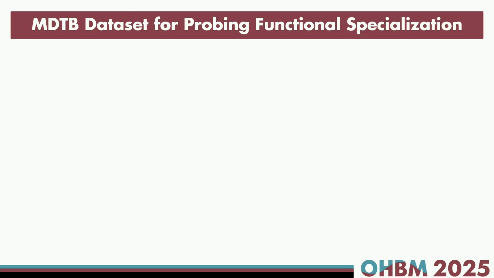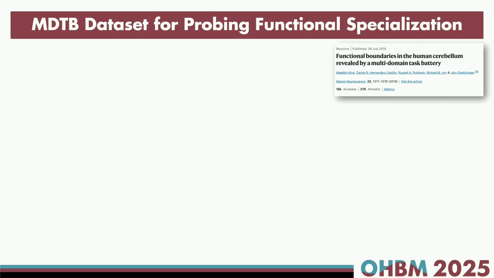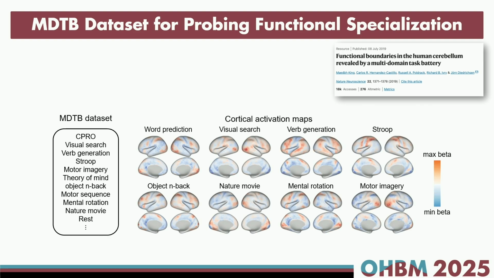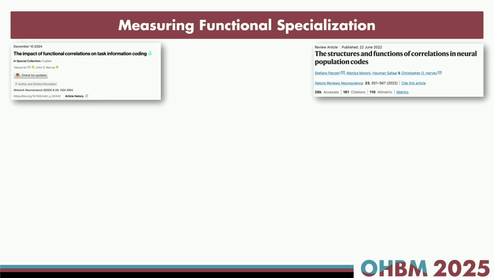Moving on, so we have the connectivity matrix. To infer the functional specialization, we used the multi-domain task battery dataset by King et al. 2019, which includes more than 20 task conditions, each eliciting a unique brain activation pattern. Specifically to measure the functional specialization, we borrowed a concept from electrophysiology known as neural population coding.